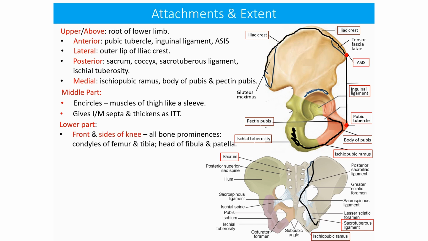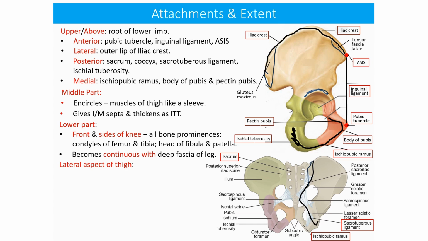The lower part of the fascia lata on the front and side of the knee is attached to all the bony prominences such as condyles of the femur and condyles of the tibia, head of fibula, and patella. On the posterior aspect, it becomes thickened and forms the popliteal fascia. Down below as a whole, it becomes continuous with deep fascia of the leg.